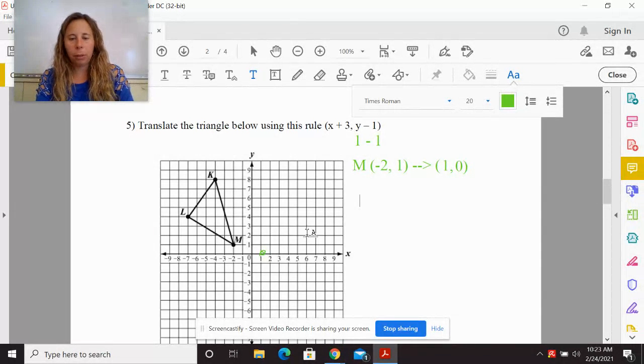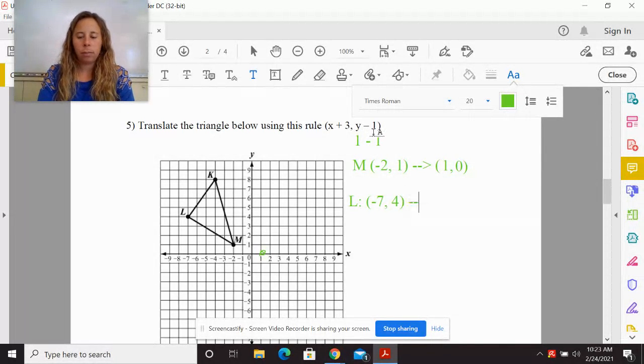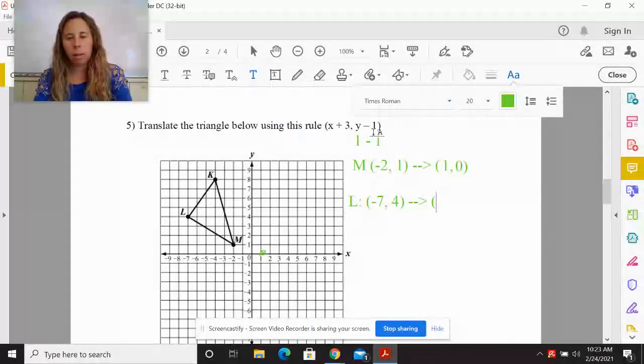We'll do L next. It doesn't matter which order you go in. So L is at -7, 4. We're going to go to the right 3 and down 1. To the right 3, so -7 plus 3 is -4.